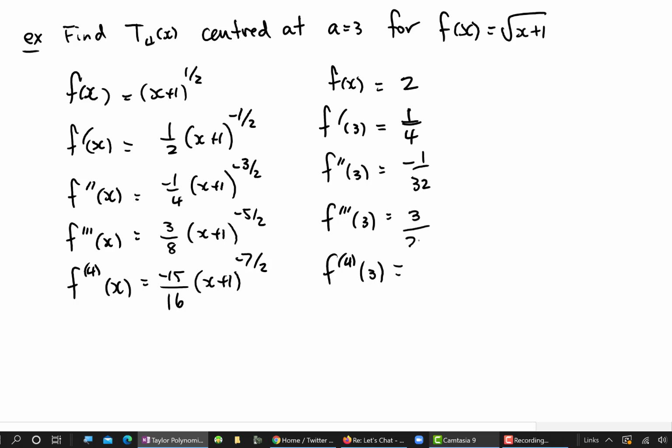And so these are necessary just so that we can plug them into the expansion fairly quickly, remembering that this T4 will have the form f of a plus, let me write it out quick.